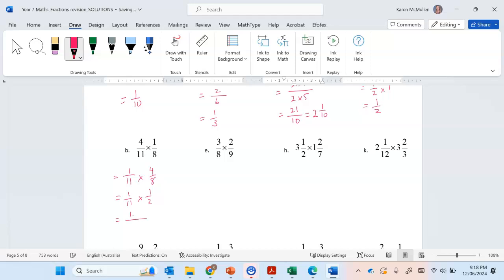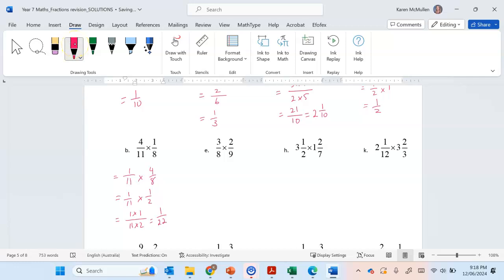So I multiply my numerators and multiply my denominators, and I get 1 over 22. Now, if I didn't do that, I might just do it in green and then rub it out. I would have to do 4 times 1 over 11 times 8, which is 4 over 88, and then you're going to have to simplify that. So you could still get the 1 over 22 that way, but the other way is just simplifying at the start as opposed to the end.